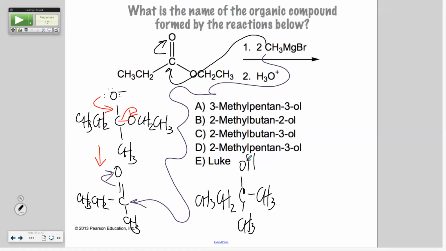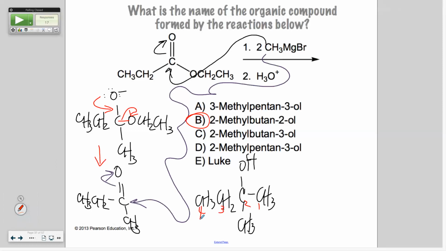You like how I did that? Okay, so what's the name of that? 2-methyl-2-butanol, which is which one? B. Right? Alcohol gets lowest number, all that good stuff.